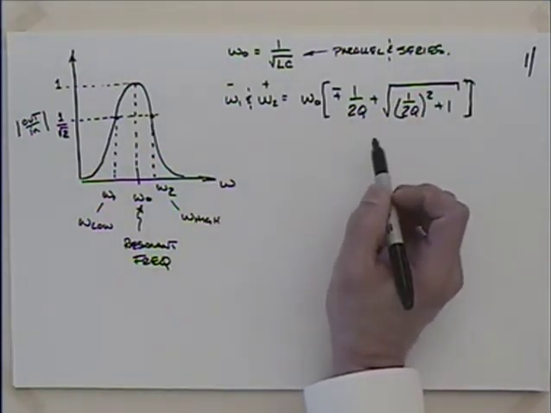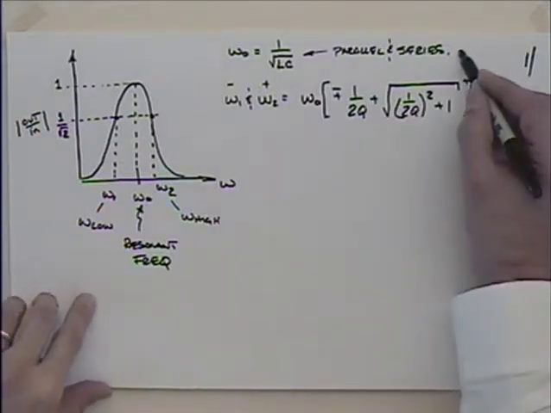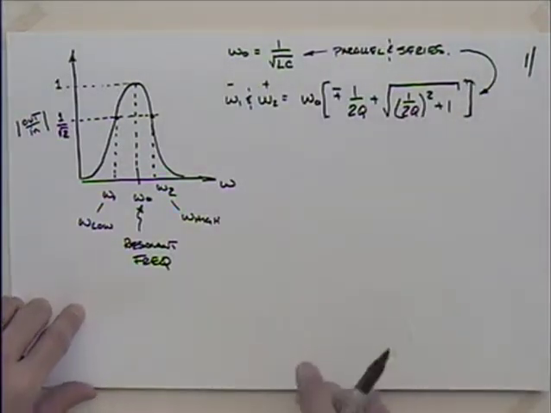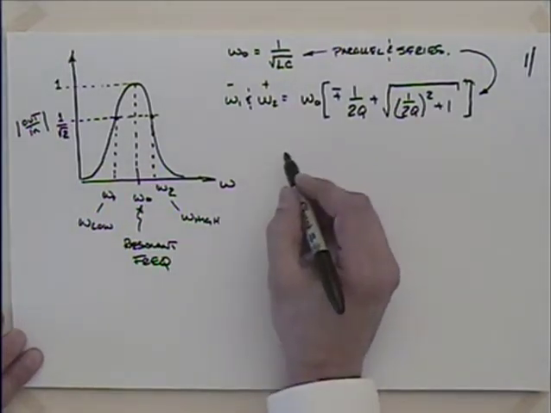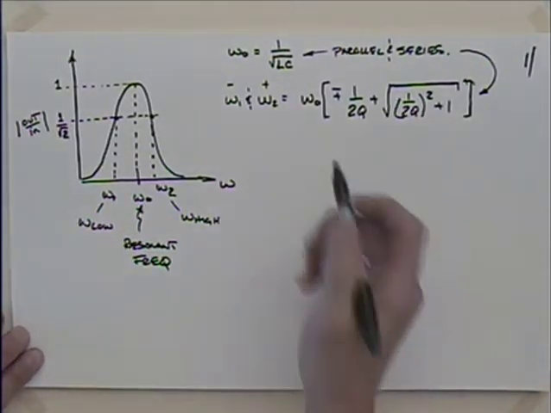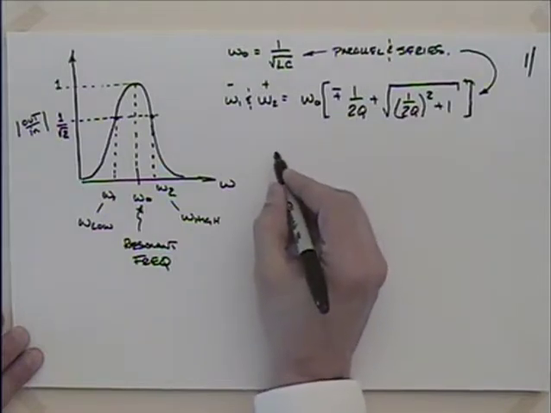The other thing that we have to deal with, and this is also good for parallel and series, you can use this for parallel and series both, is the quality. That's what Q is.